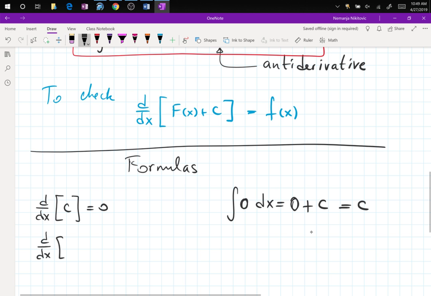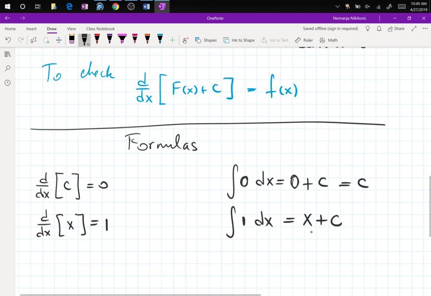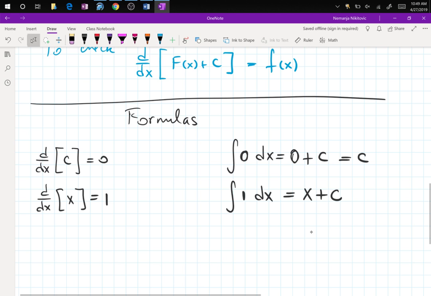The derivative of just x is equal to 1. So the integral of 1 dx is x plus c. You know all of these formulas from before. We are just writing them differently now. Here is the one that is different.